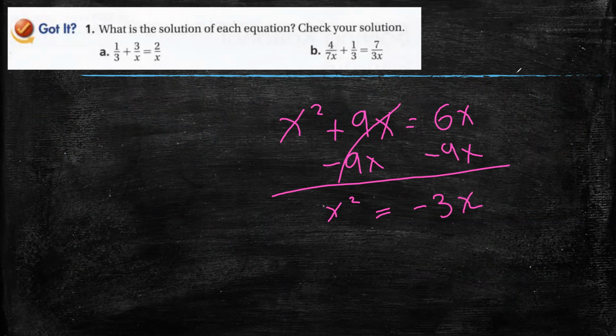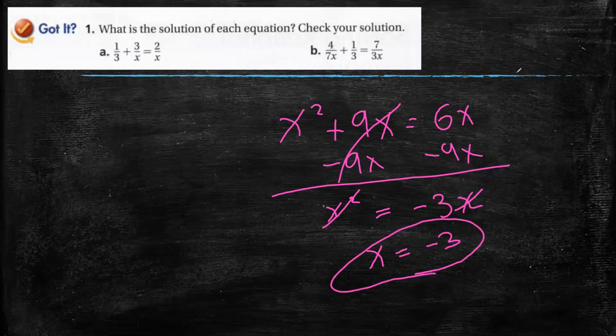But if you make this step, you will say that x cancels x, so x will be negative 3. But this is not the only solution. We have two solutions here, 0 and negative 3. So if you make this step, you will forget the second solution.